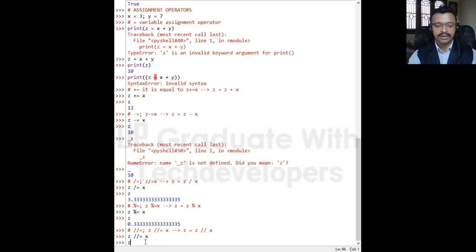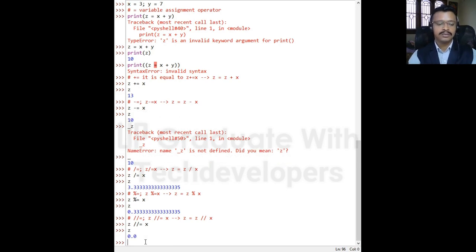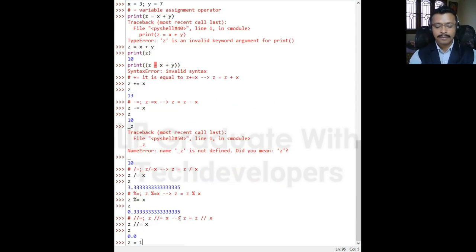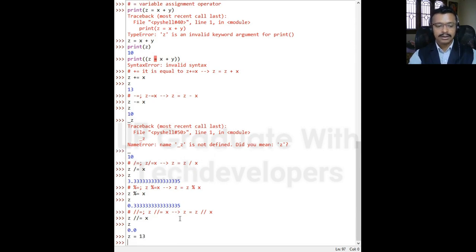Let us check what happens. What is the result? 0.00. So in order to show how the floor division works, let us assign the value of g once again to 13 and let us do the operation once again.